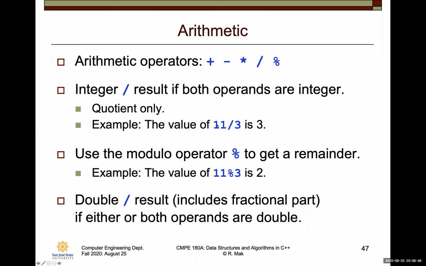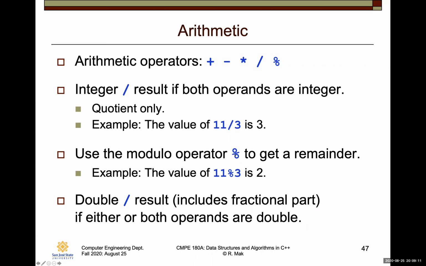So if both operands are integers, then you only get the whole number part of the result. Now, if one or both of them is a double, like 11.0, then you will get a double result that will have a fraction part, a decimal part. Okay.